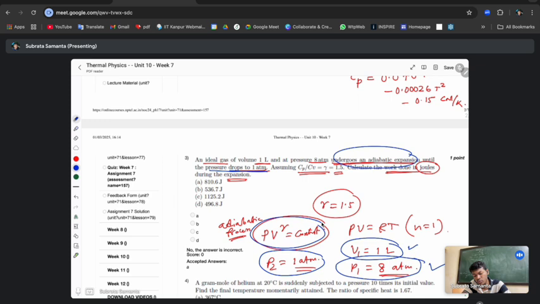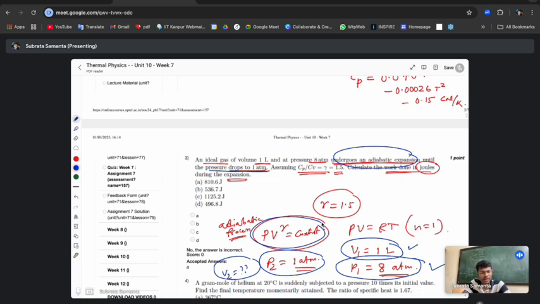But we do not know V2. At 1 atm pressure, what is the volume? We know the volume is 1 liter at 8 atm, so you have to calculate first the volume at 1 atm.